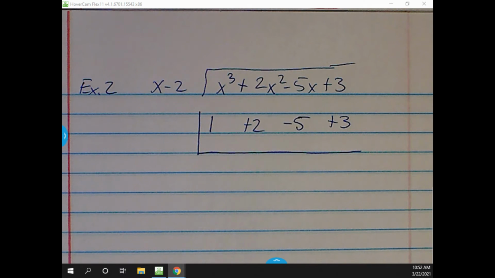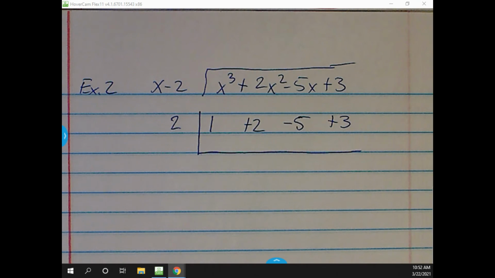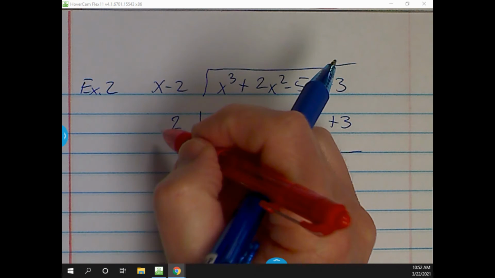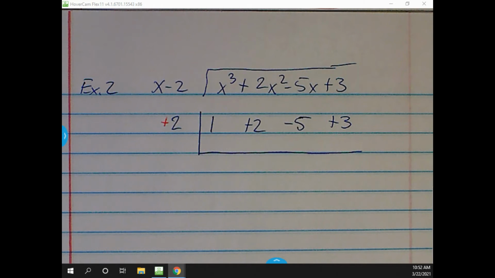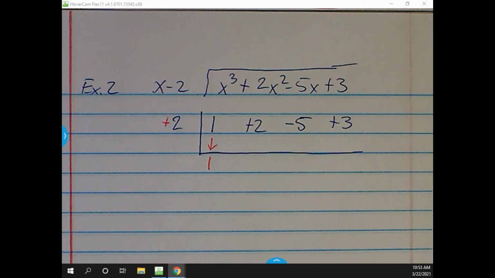And on the outside, we're going to pull down the 2. Again, the big thing is, if it's negative, we're going to change it to a positive. Bring down the first number.